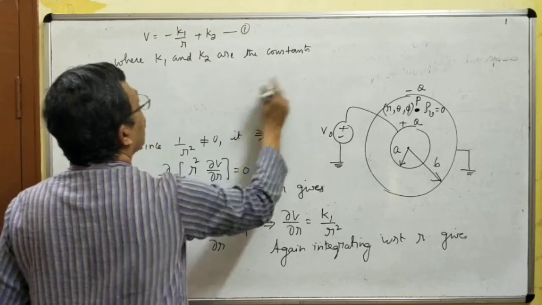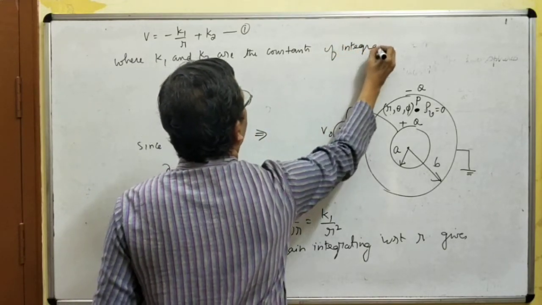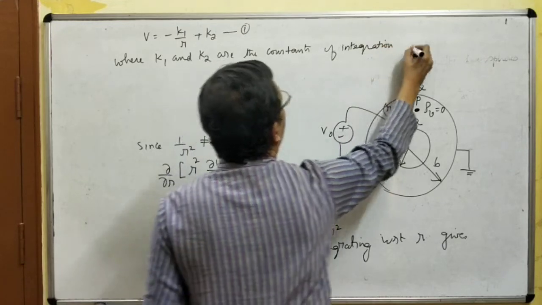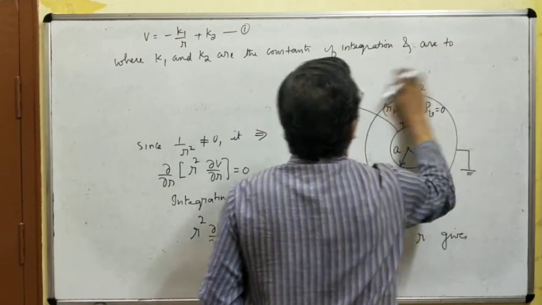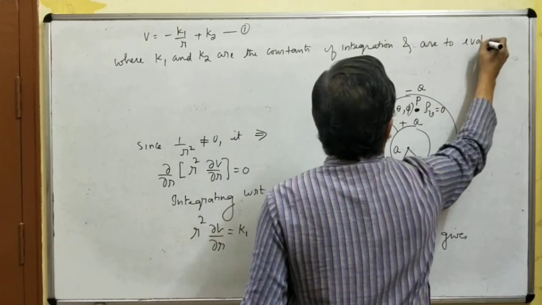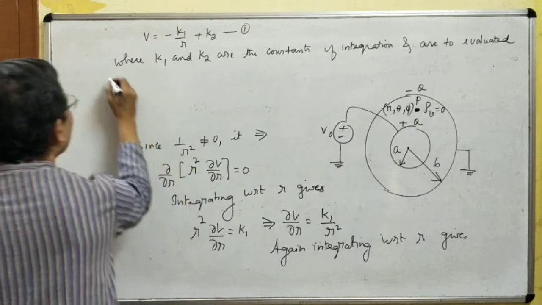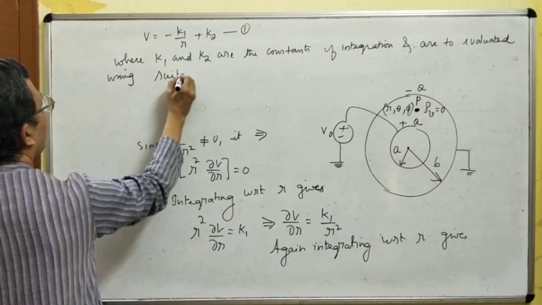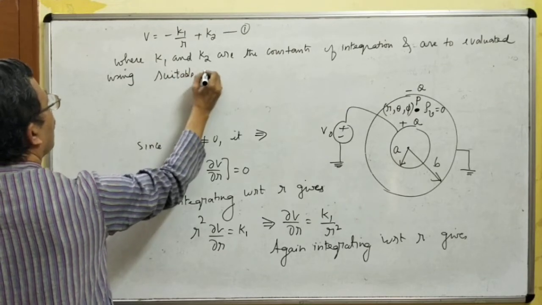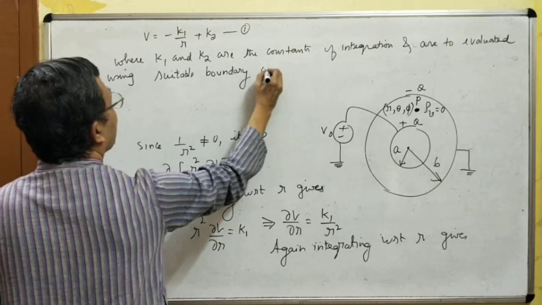K1 and K2 are the constants of integration and are to be evaluated using suitable boundary conditions.